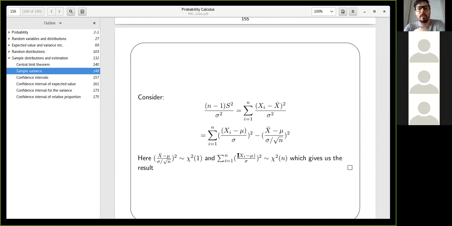It doesn't actually go through because each of these xi over n is included in here, for each i. So this is not a very good proof, but the intuition is the same.